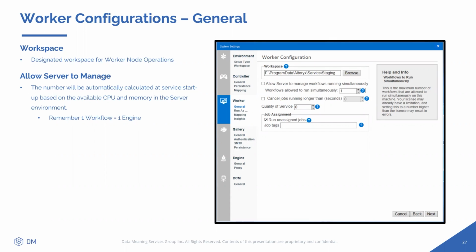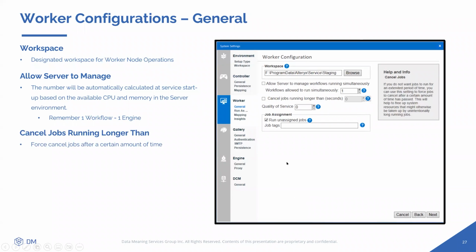And remember that 1 for workflow means 1 engine. If the number is set too high, so above the recommended, then we might experience poor job throughput, poor job results, and stability issues or general performance issues. So be aware of that. So don't imagine that just increasing this will get you to run more and better simultaneous workflow.